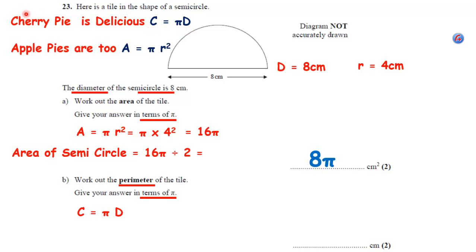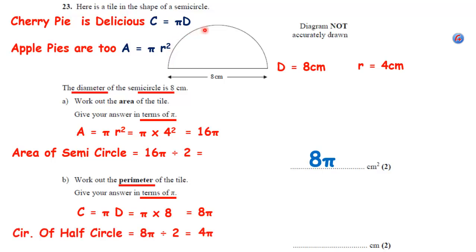C equals pi d. Cherry pie is delicious. Pi d means pi times diameter. I know the diameter is 8, so I'm going to do pi times 8, which is 8 pi. But again, remember, it's half a circle. So just this distance around the edge of the circle, just this bit here, is going to be half of 8 pi. 8 pi divided by 2 is 4 pi.